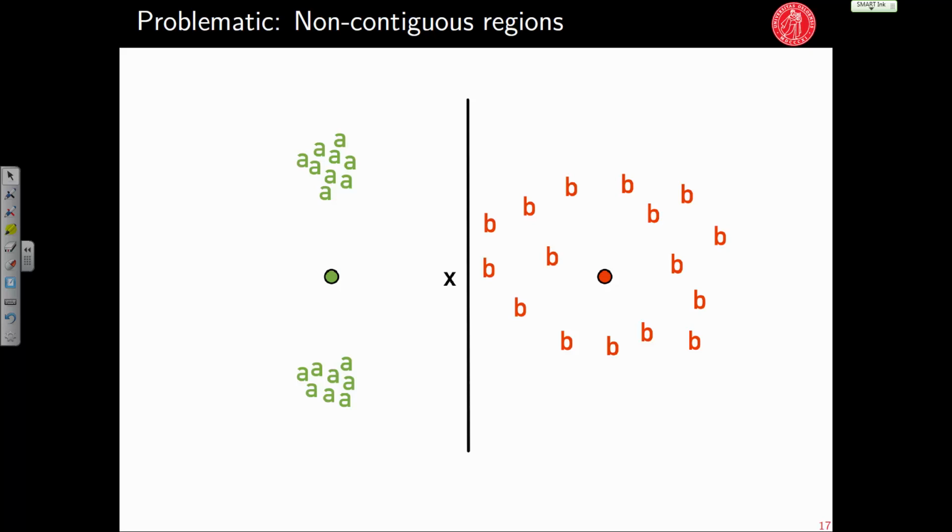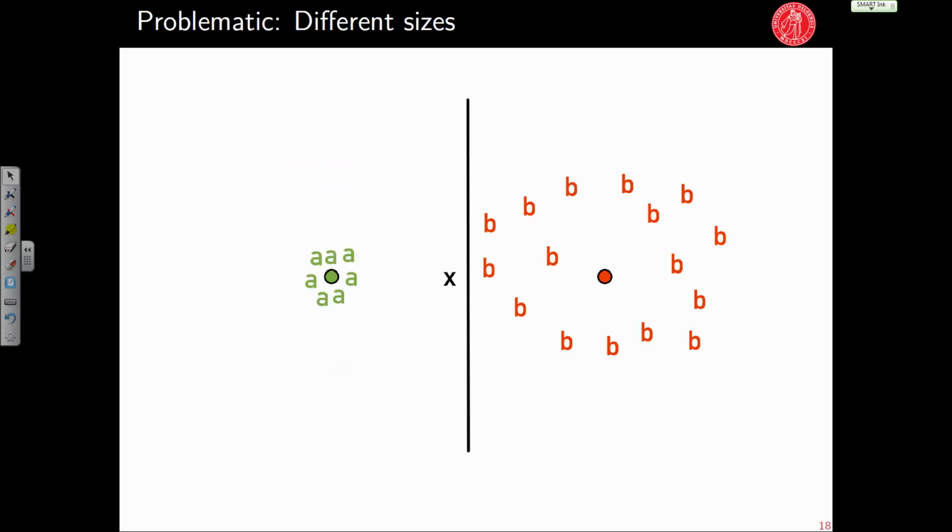But in any case, the centroid, after computing the average of these points, will end up being here, and again X will be assigned to this class, even though it looks like it's part of class B. Also, the other problem, again, is that if class A is very condensed and class B is stretched out in still a spherical shape, but of a larger size, then by just computing the distance to the centroid, the Rocchio classifier will end up assigning class A to X here.